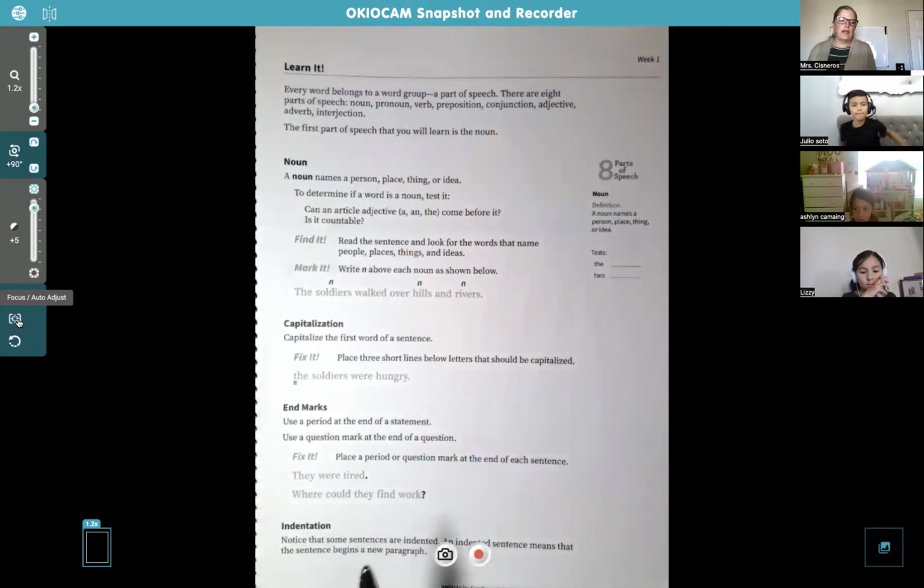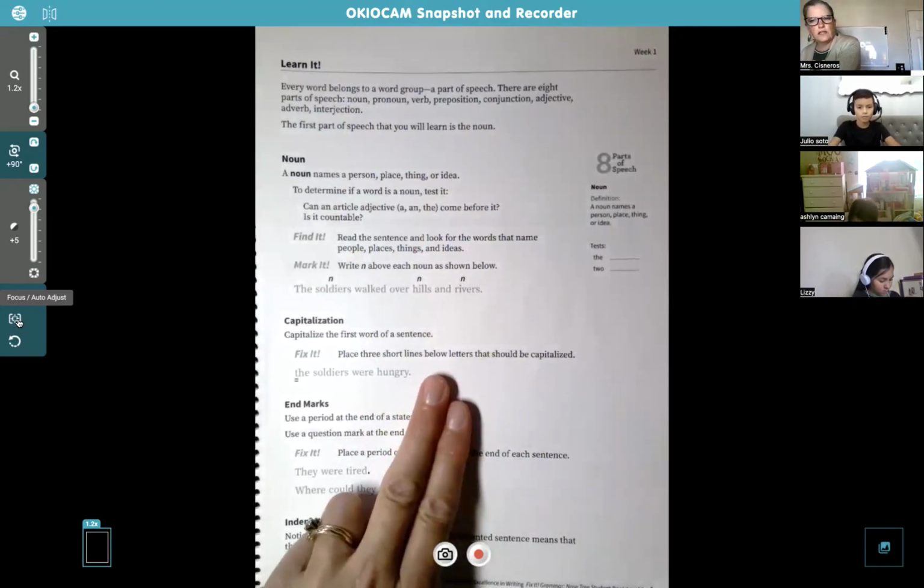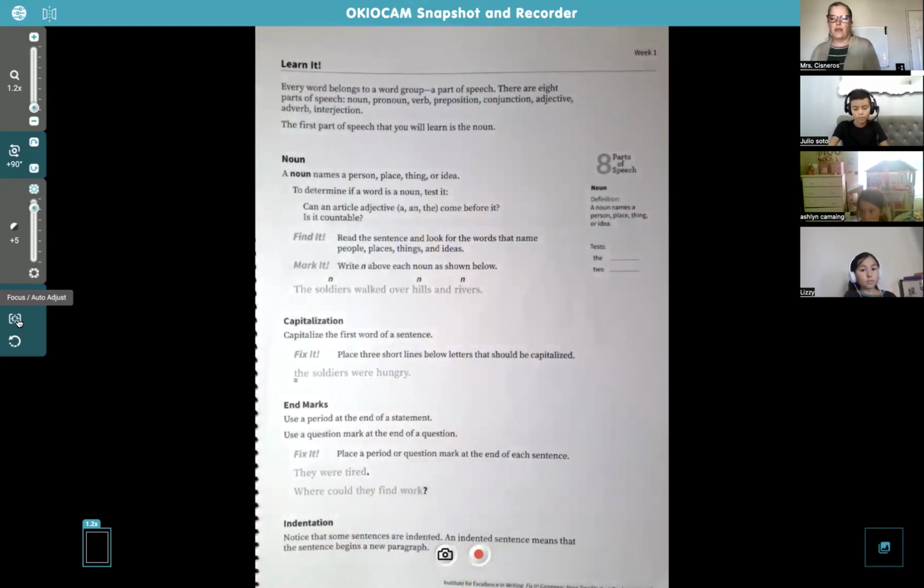And the last thing on this page says indentation. And that just means when you have a new paragraph, you move over a little bit on the first sentence, you indent, you leave a space, a bigger space. And sometimes I use my fingers, like a 2-finger space. Have you guys done that before? At the beginning of a paragraph, that kind of helps know how big to leave it. So it says, notice that some sentences are indented.